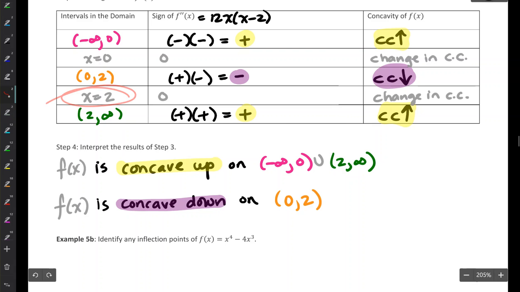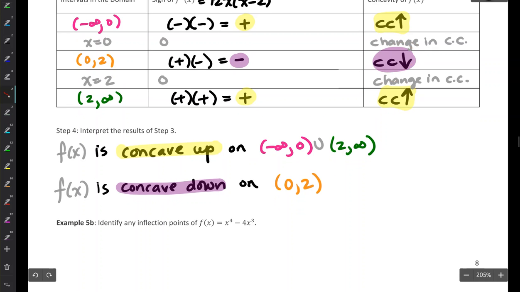Similarly, at x equals 2, we had a change in concavity. We went from concave down to concave up. So 0, comma, f of 0 is an inflection point, as well as 2, comma, f of 2 is an inflection point.